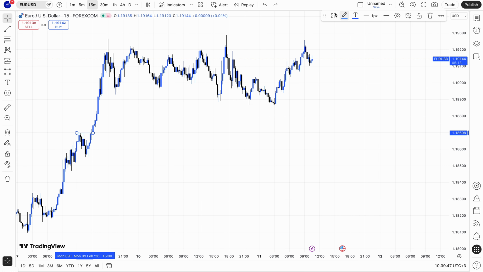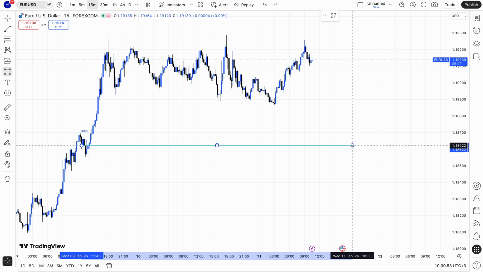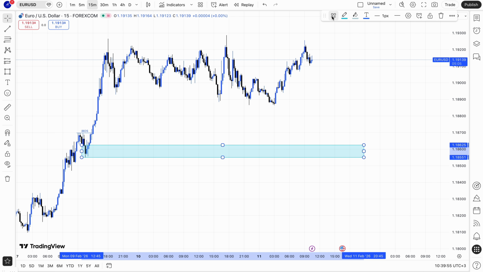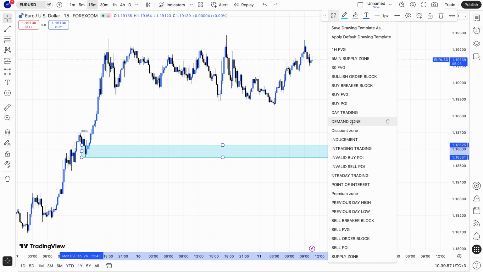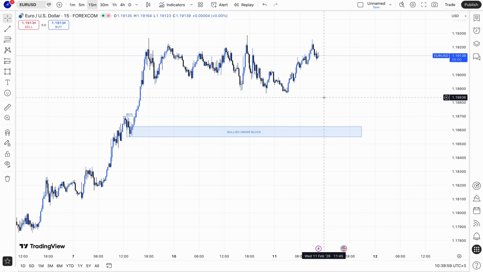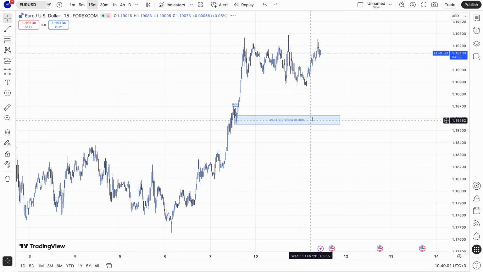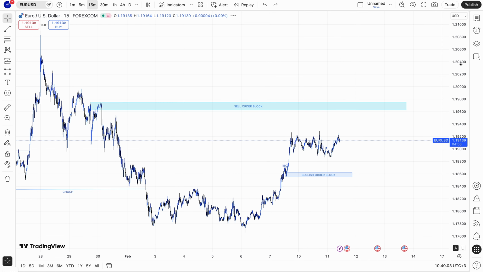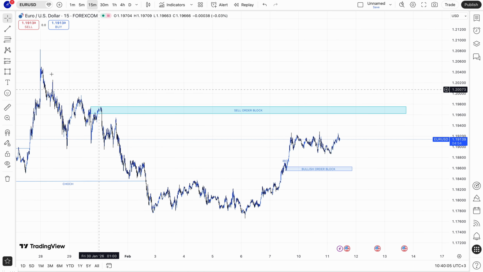Then you have our break of structure to the upside, which is that one. Then you have our order block, which is this one. As you can see, you have our order block here, and then you have our supply, which is here.